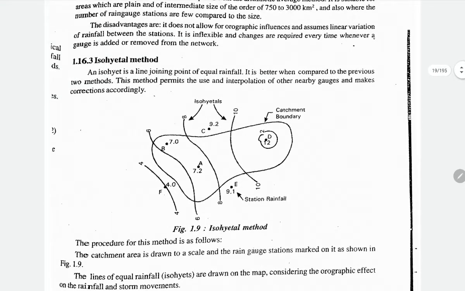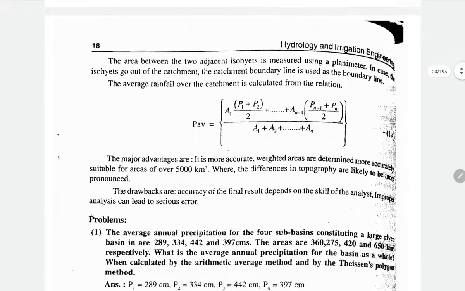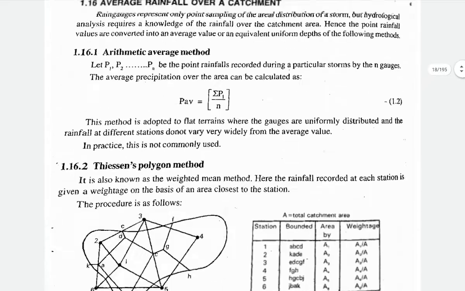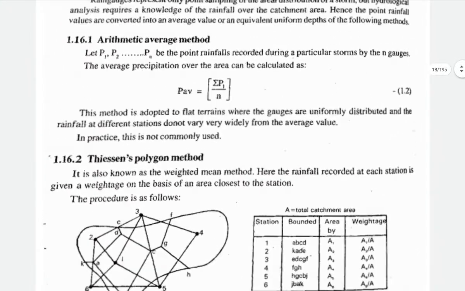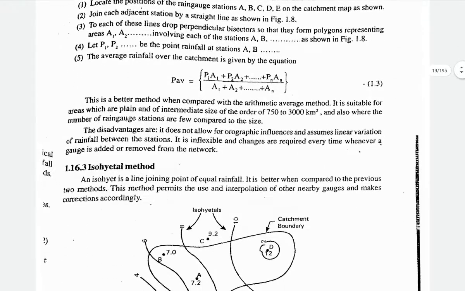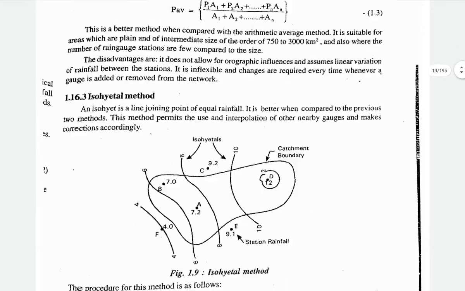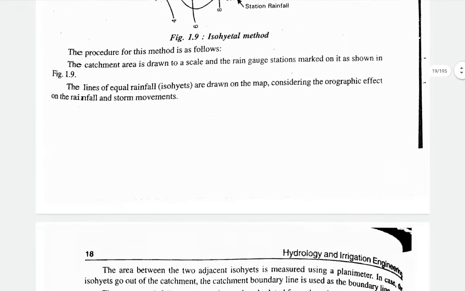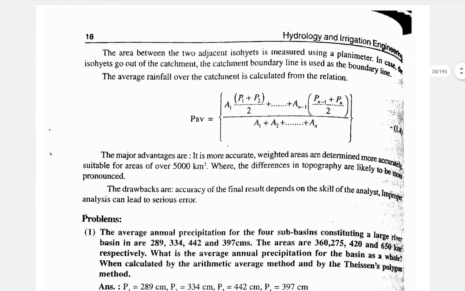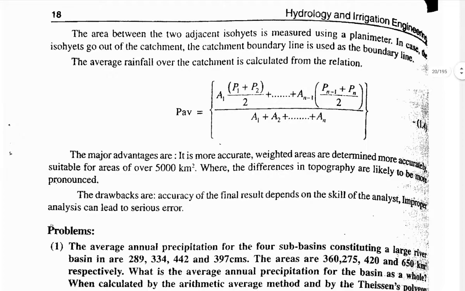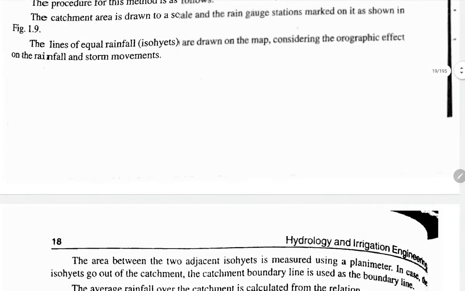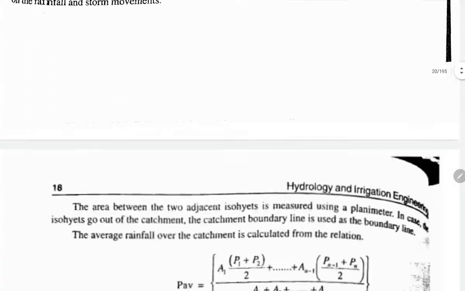We will discuss the isohyetal method once more. Mainly we are concentrating on two methods, the arithmetic average method and the Thiessen polygon method. We will be solving one problem on the arithmetic as well as the isohyetal method. Before that we must know the advantages of the isohyetal method.